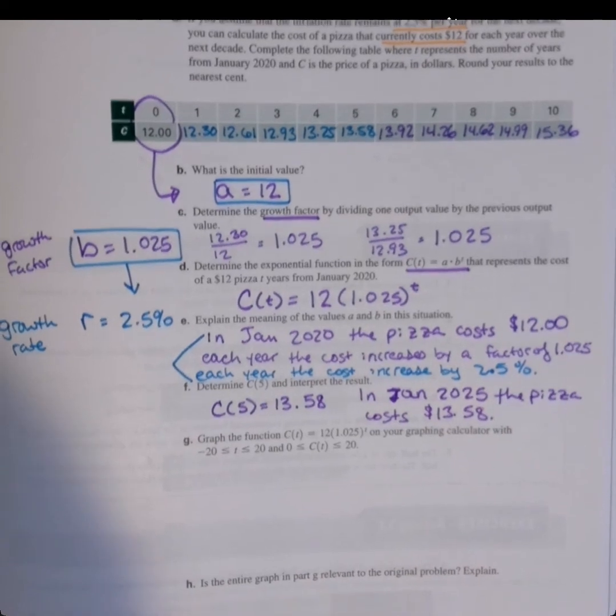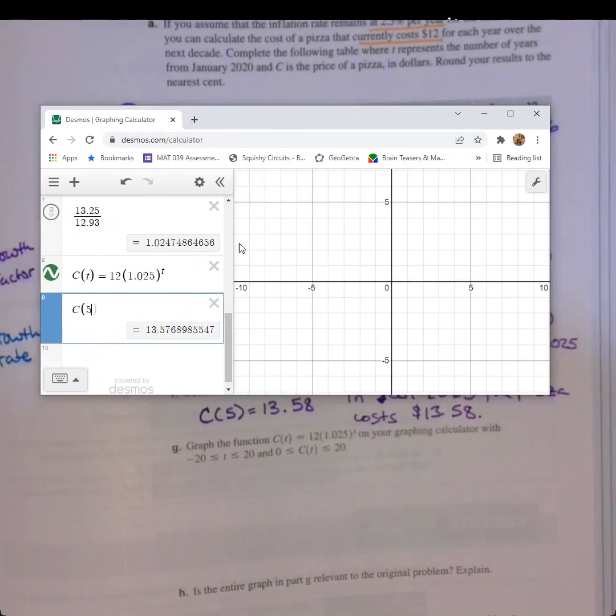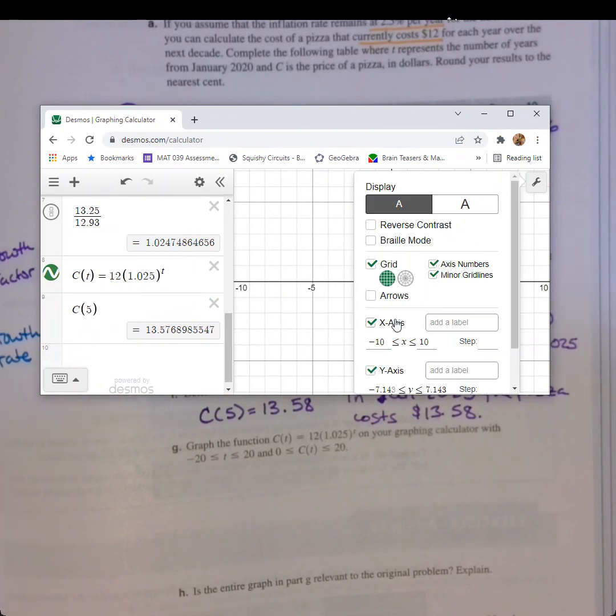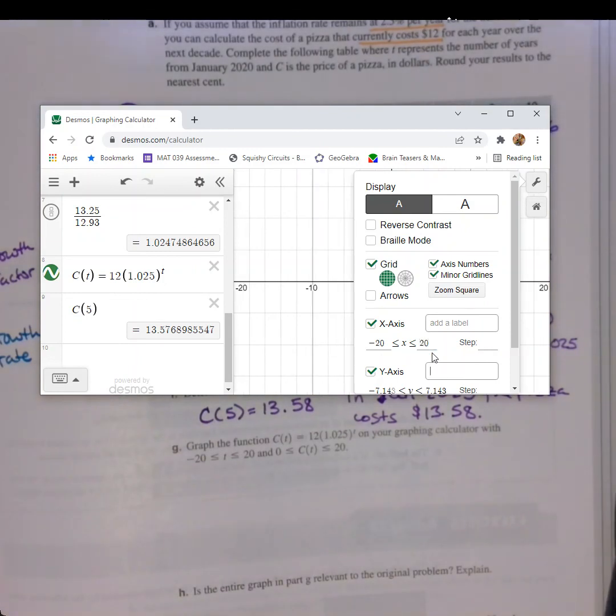Okay, graph the function. All right, I've already got it typed, so it's already graphing. I just can't see it yet over here because the scaling is not right. I'm going to rescale this like they asked me to, with negative 20 to 20 on the independent variable and 0 to 20 on the dependent variable.